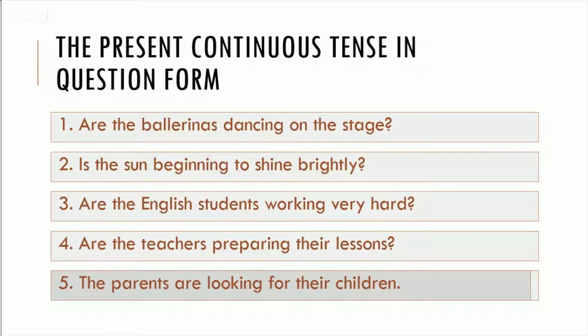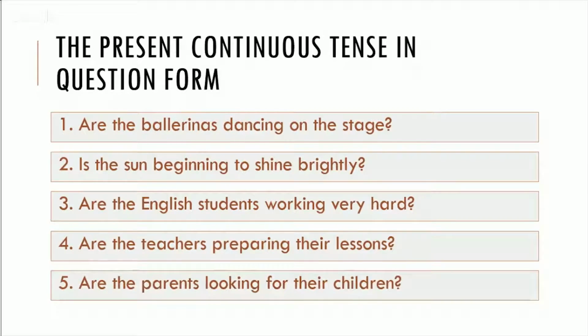And for number 5, take the verb to be, place it in the beginning, add a question mark at the end, and you're going to change it to a question. See another answer there for number 1. Good. And the answer for number 5, are the parents looking for their children?